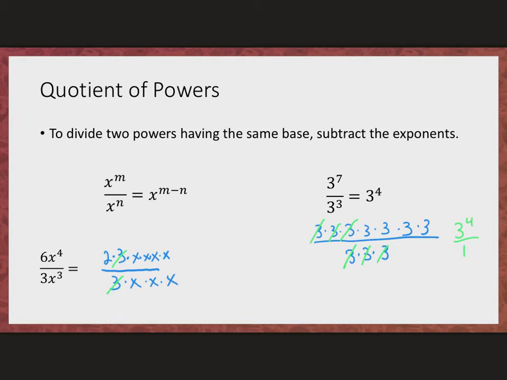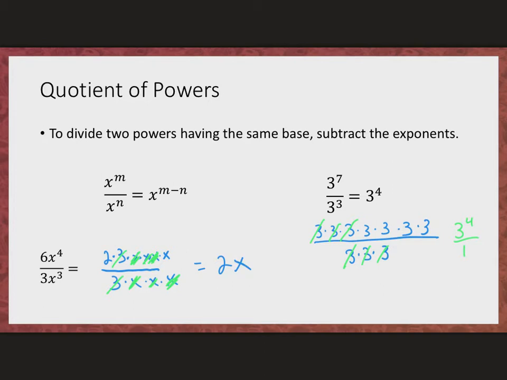So we have 4 x's on top, 3 x's on the bottom. Each one on top will cancel out one on the bottom. And we're left with just an x on the top. So 6x to the fourth over 3x to the third is 2x to the first, or just 2x.